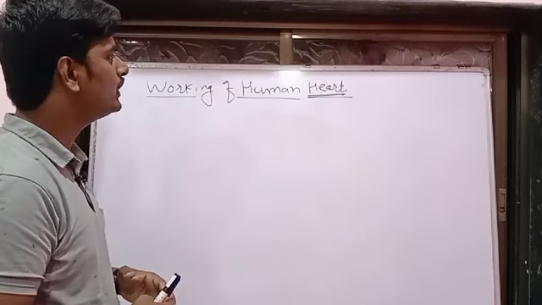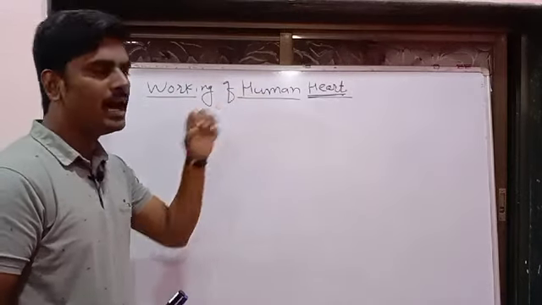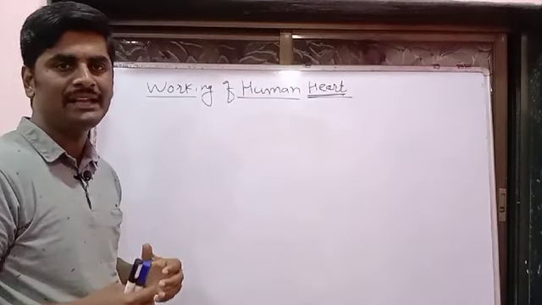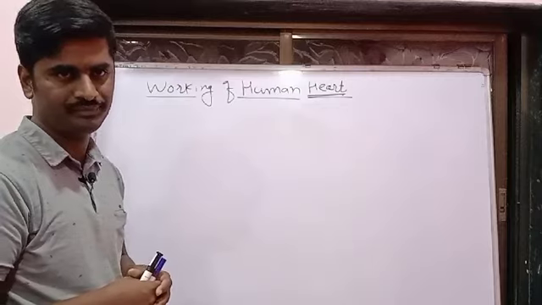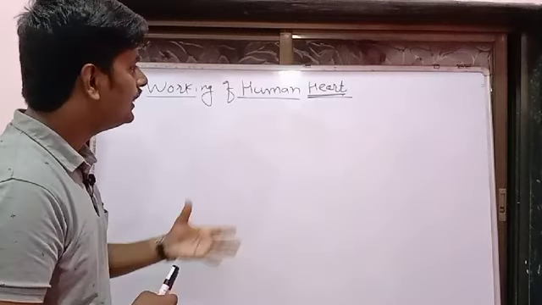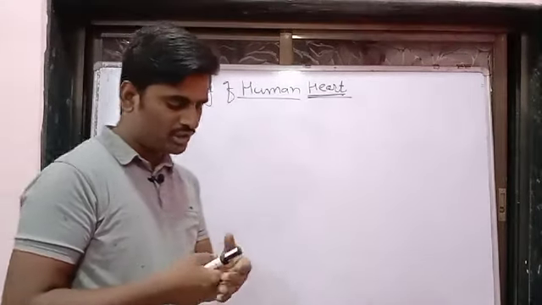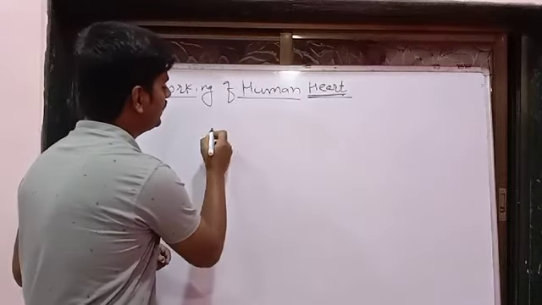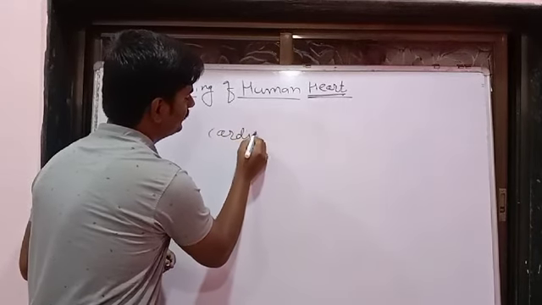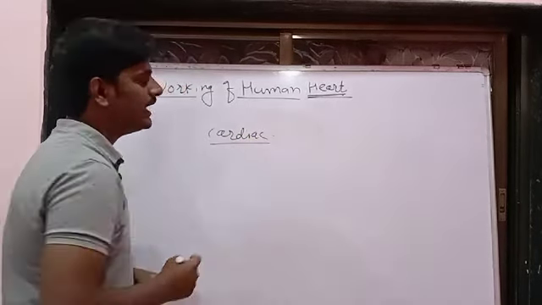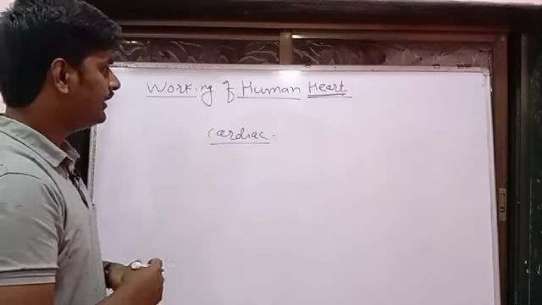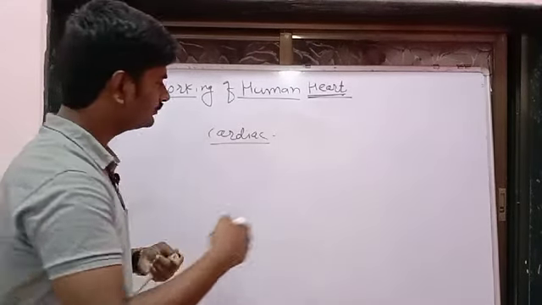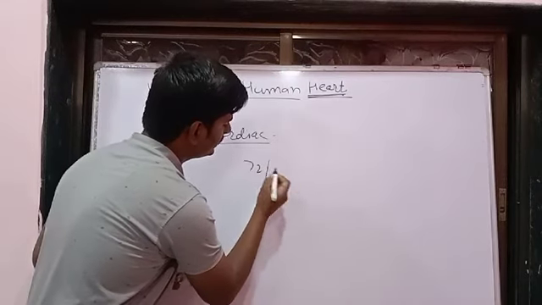So before moving towards the working of the heart, we should know some basic and interesting facts regarding the heart. The heart is basically made up of a special type of muscle, and those muscles are nothing but cardiac muscles. Our heart beats 72 beats per minute.